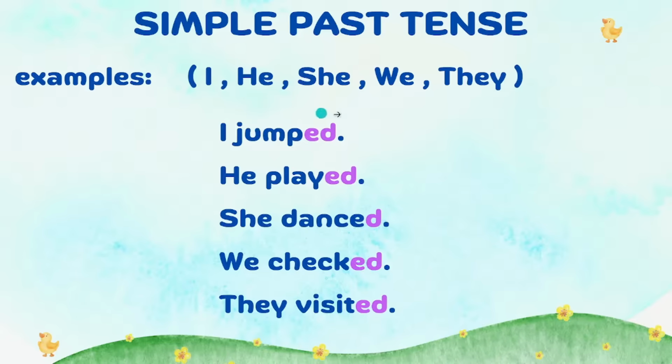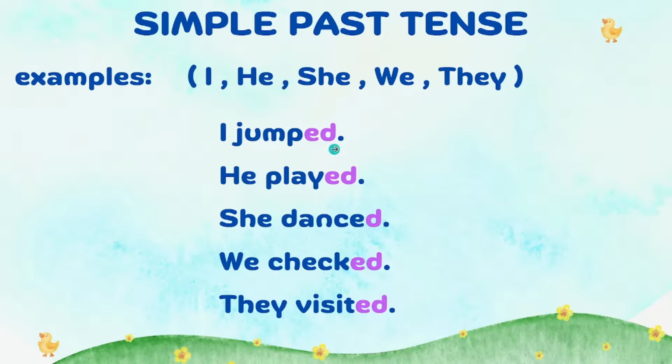I jumped. He played, meaning it's done. She danced. We checked. They visited. If you are going to use simple past tense, you will add d or ed.